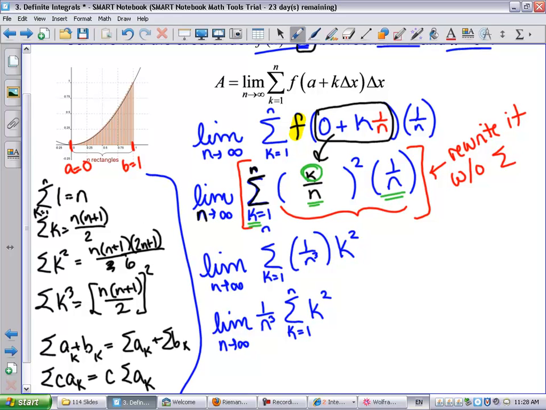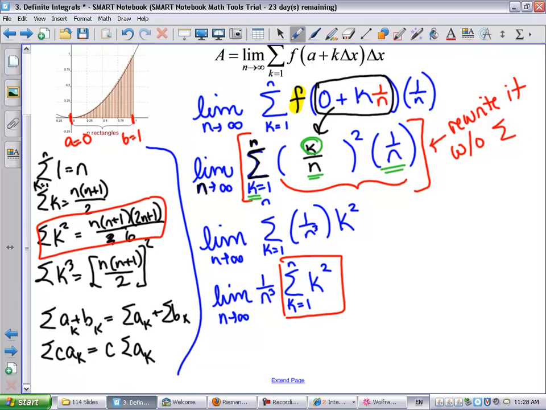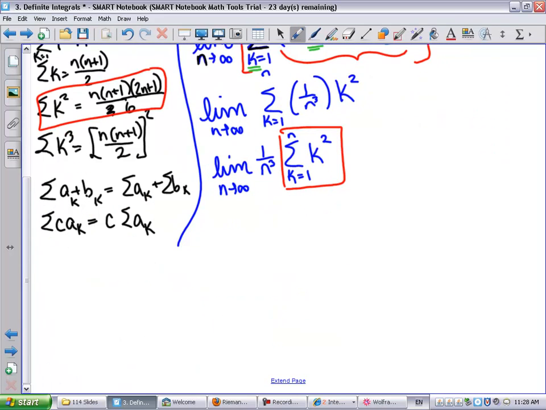And now that sum is exactly one of the formulas we have. So using that formula to replace the sum, we get limit as n goes to infinity of 1 over n cubed times the quantity n times n plus 1 times 2n plus 1 all over 6.